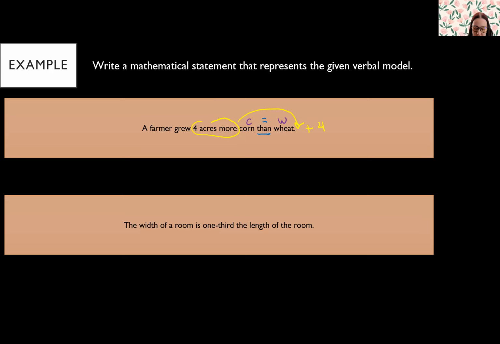When you translate this, it becomes C equals W plus 4, because if corn has more, then you need to add to the wheat in order to equal how much you have with corn. This situation gets translated backwards a lot, but you'll see wording like this quite often. So it's really important to understand what that means and how it gets translated.